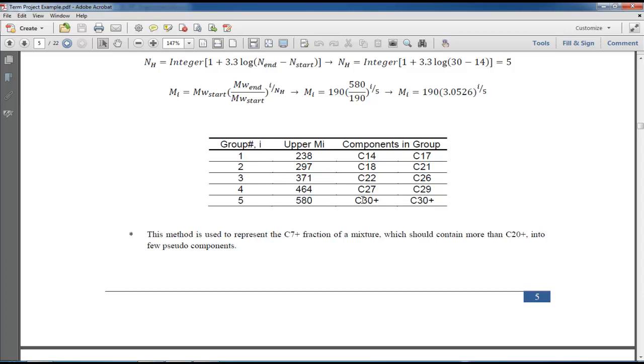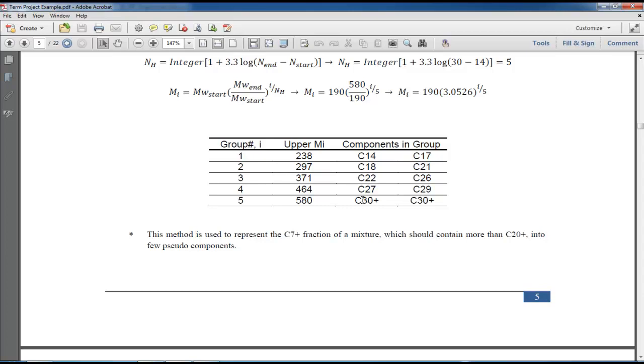However, you can't decide this alone. You can draw mole fraction against molecular weight, with the components.